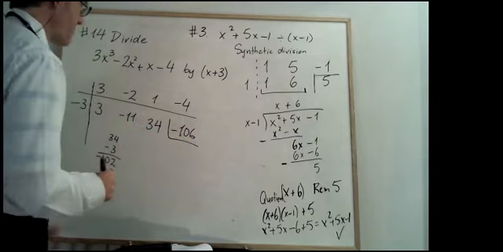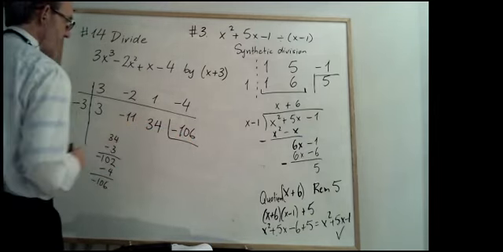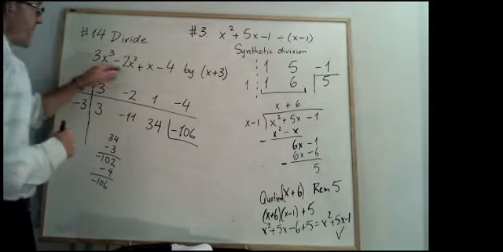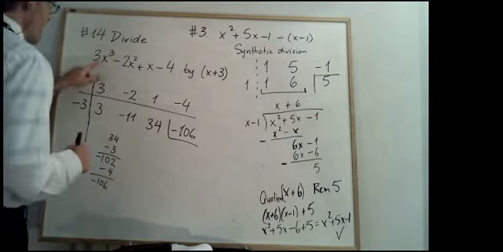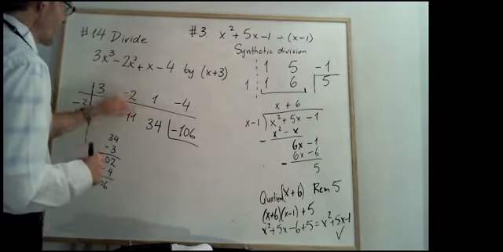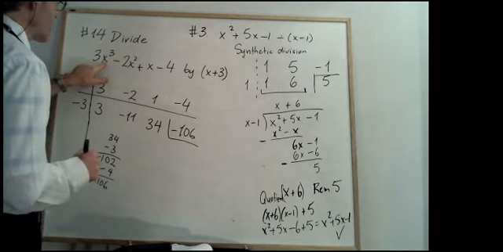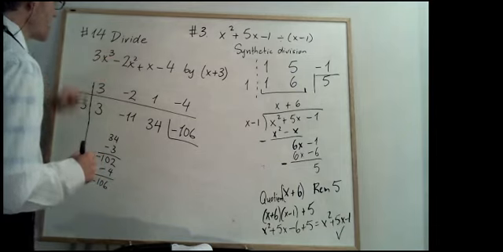Okay, so this is our final remainder, the answer for the remainder, and these will be the coefficients of the polynomial that I get when I divide this by this. So this quotient polynomial, whose coefficients are this, will always be of degree that's 1 less than the original degree.